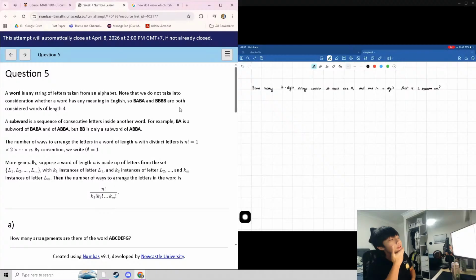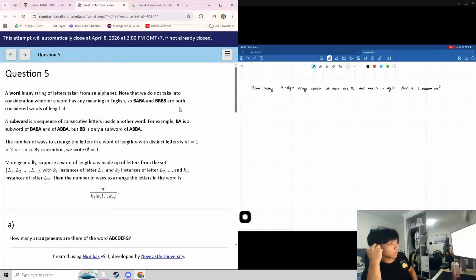The number of ways to arrange the letters of a word with distinct letters is n factorial, equal to 1 up to n, by convention where 0 factorial is 1. More generally, suppose a word of length n is made up of letters from a set with k1 instances of letter 1 and k2 instances of letter 2.